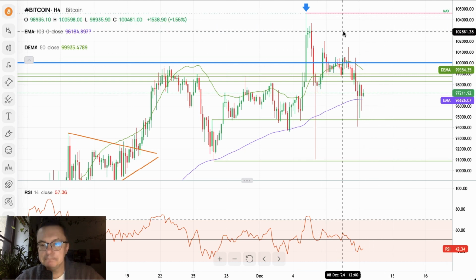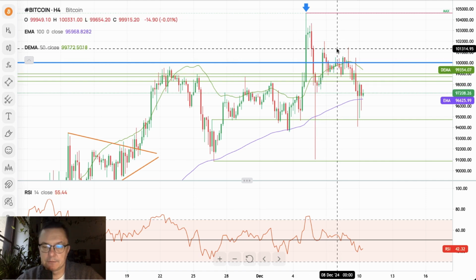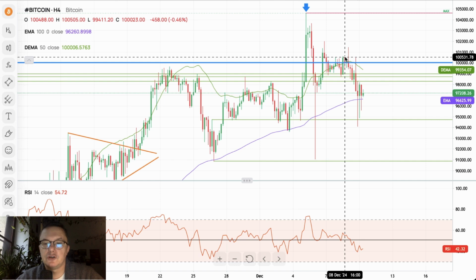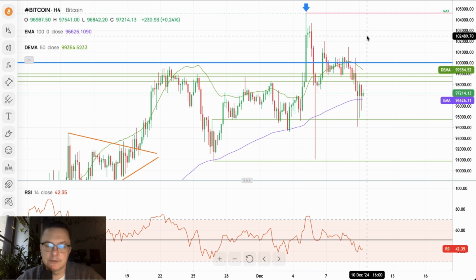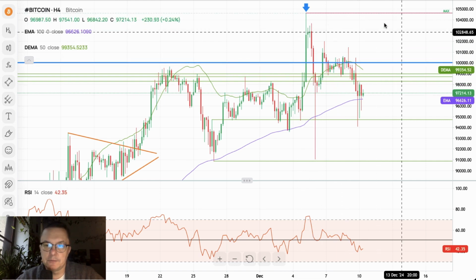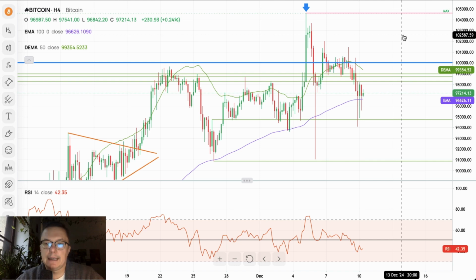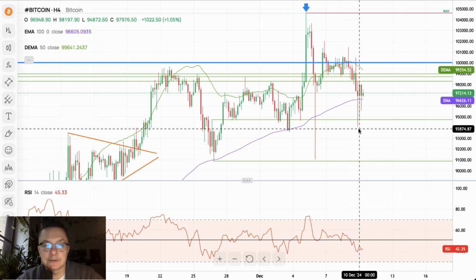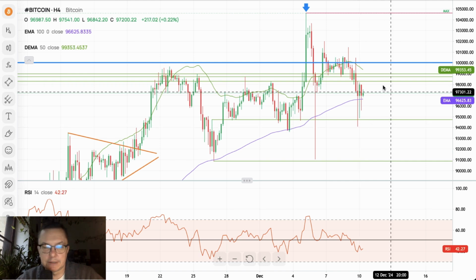So please bear this in mind, that you might see an increase in volatility this week on the Bitcoin, as the market right now is very unsure where it wants to go, whether it's supposed to go higher or maybe close some profits and then start a bigger, deeper correction from the current levels. So please keep an eye on this market.